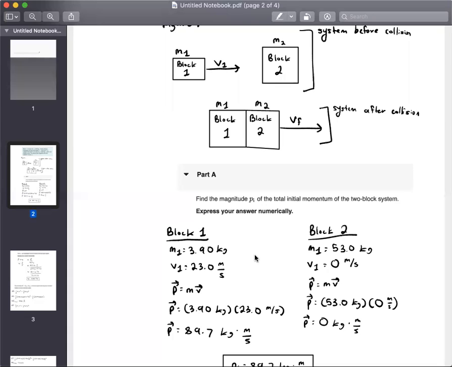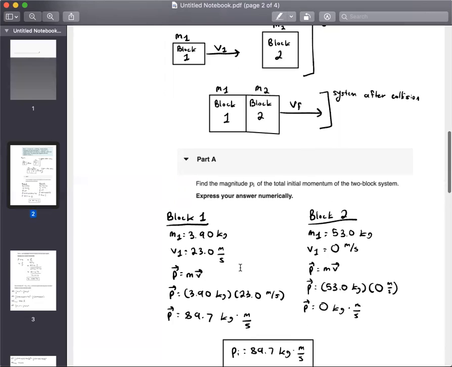For both blocks, I wrote out the mass and the initial velocities. One of the primary equations we're going to use for this problem is the momentum equation: momentum equals mass times velocity. To find the initial momentum, we use the initial values we were given, as well as the values for the mass. I found the momentum of block 1, which is 89.7 kilograms times meters per second.